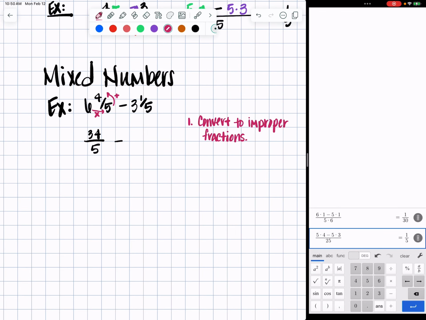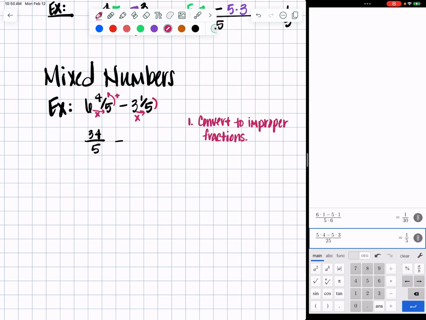I'm going to do 3 times 5, and I'm going to add the 1. 3 times 5 is 15, plus 1 is 16. And my denominator stays the same. Now, I can crisscross, straight across.